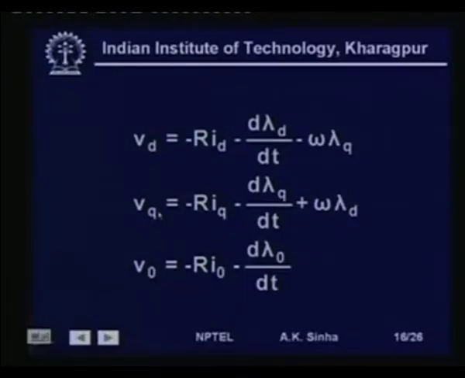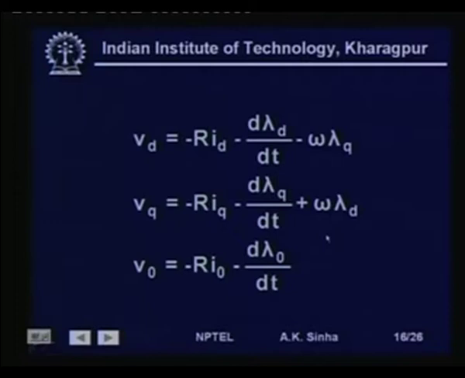Similarly, we will get V q is equal to minus R I q minus d lambda q by dt plus omega lambda d, and V 0 is equal to minus R I 0 minus d lambda 0 by dt.